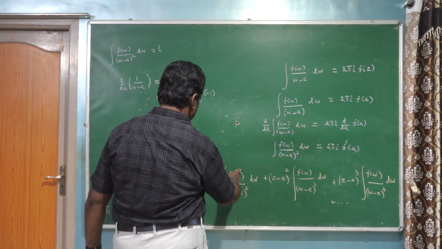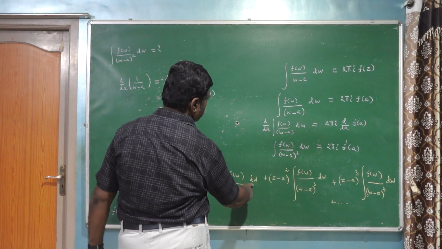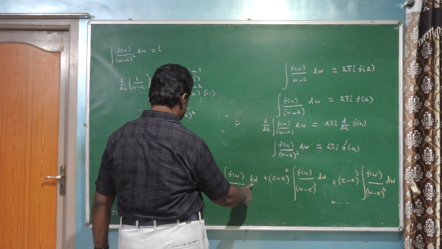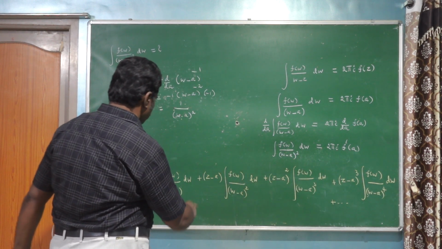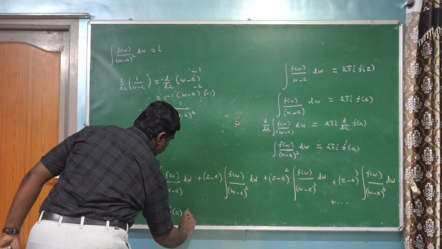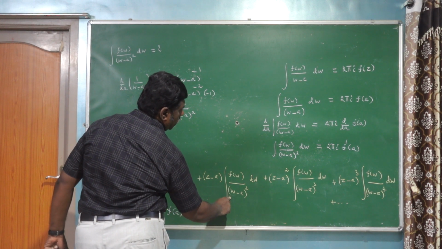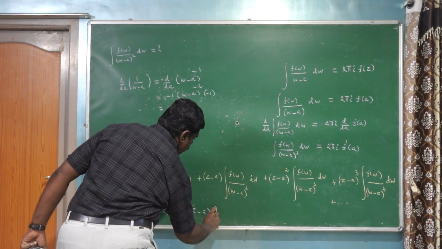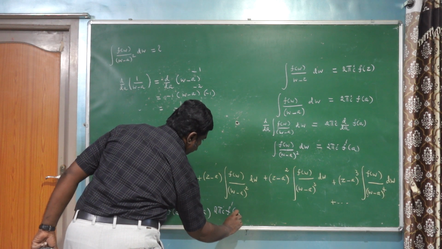Now the integral of f of w divided by (w minus a) whole square dw is equal to 2 pi i into f dash of a. So write down this z minus a as such, and instead of this integral, we put 2 pi i f dash of a.